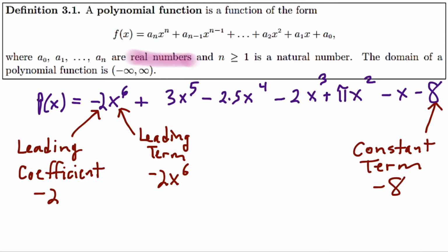Then we've got these degrees. These degrees are what we call natural numbers, and they're always going to be positive. If you have a negative degree, it's not a polynomial, it's another kind of function, so we won't go there at this moment. But the degrees are natural numbers, the counting numbers 1, 2, 3, 4, 5, etc.